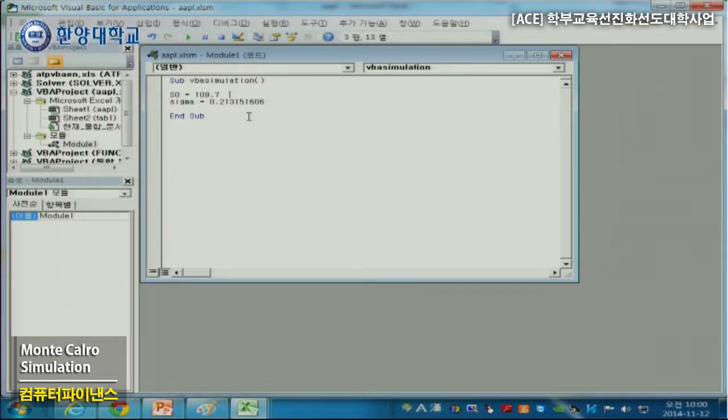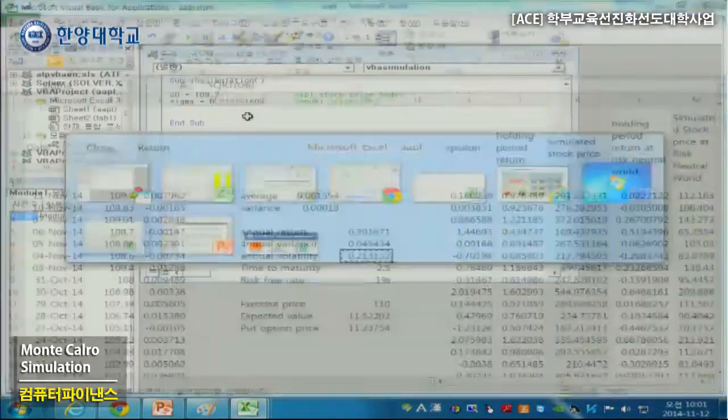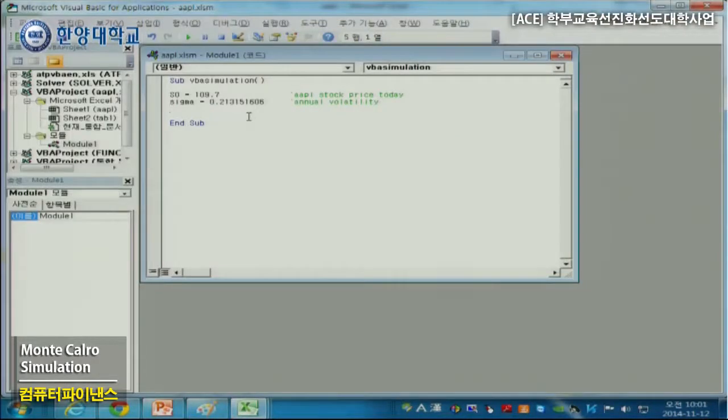So Apple stock price today, annual volatility. Okay. And then what? Time to maturity, T. Let's say 2.5 years. Time to maturity. And then RF, risk-free rate is what? 1%.